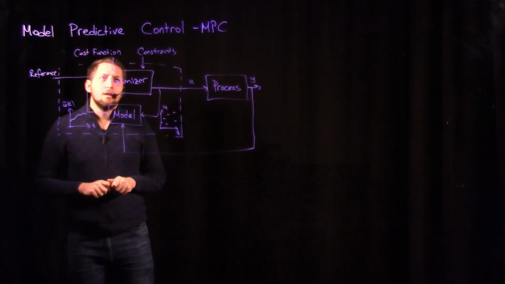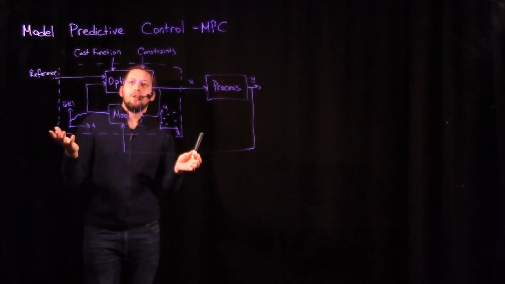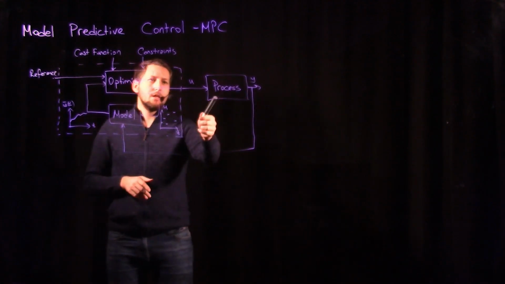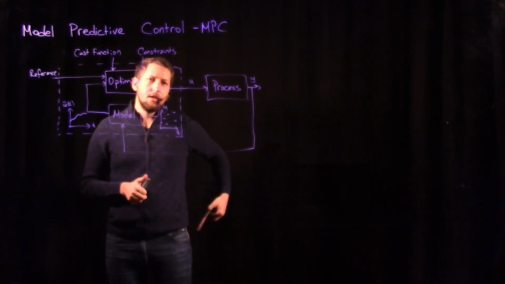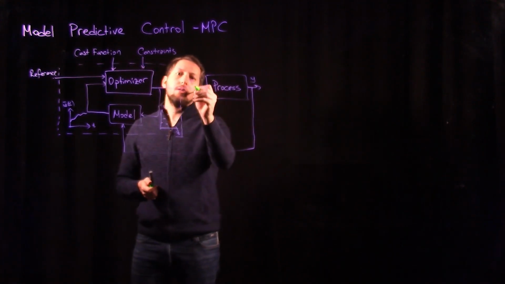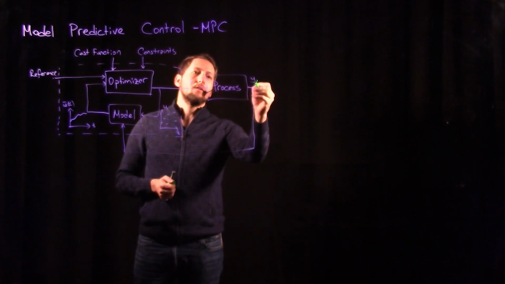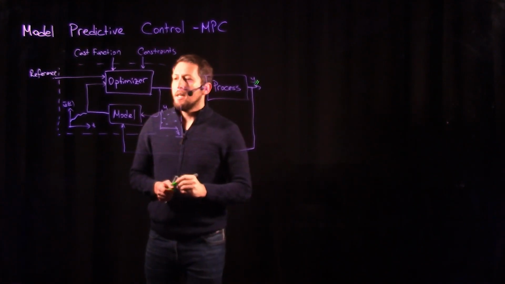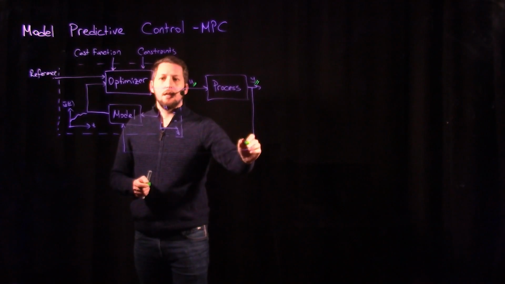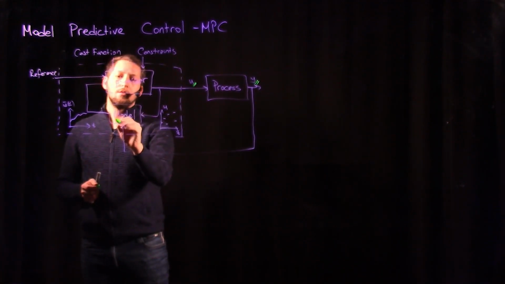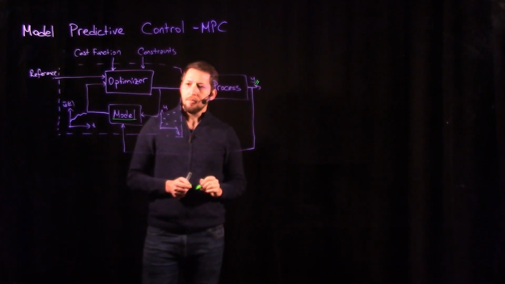This block diagram briefly represents the main structure of model predictive control. Here, as you can see, we have our main process, and we need to apply a control input to it, and this provides us the actual output. We use this actual output as a kind of feedback to our model, which is represented here.